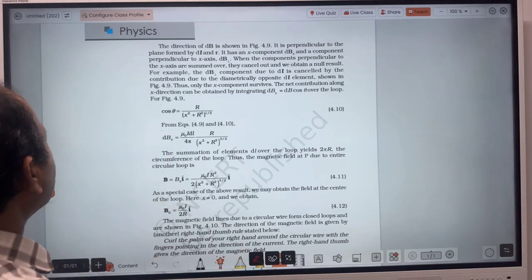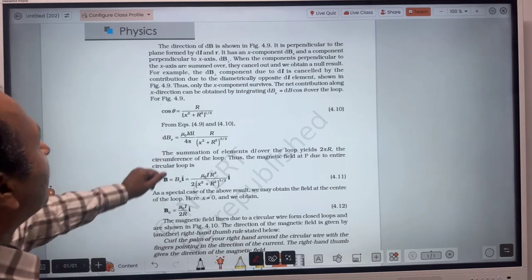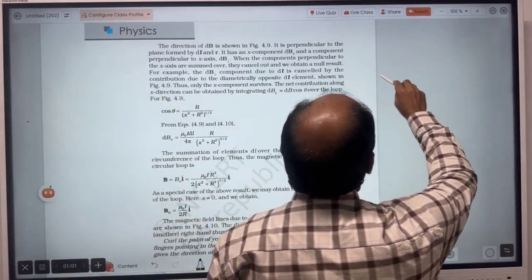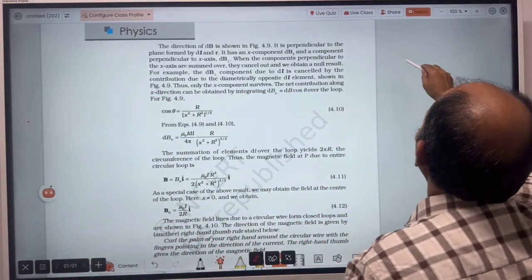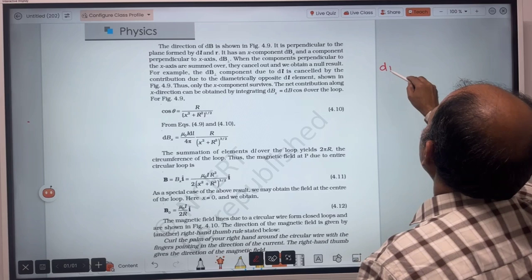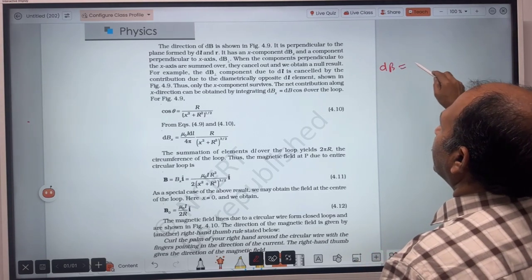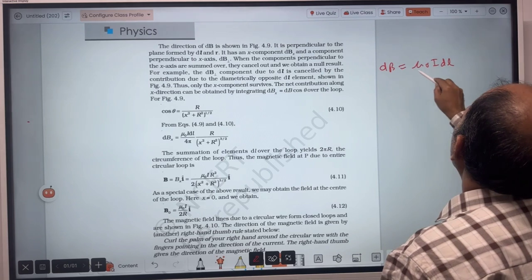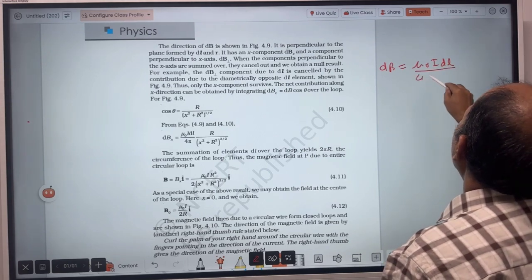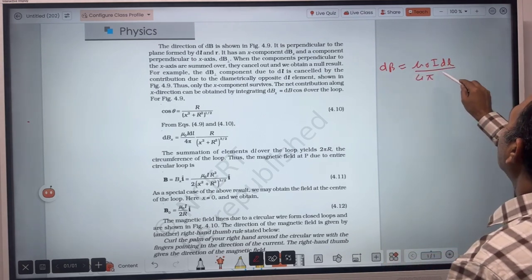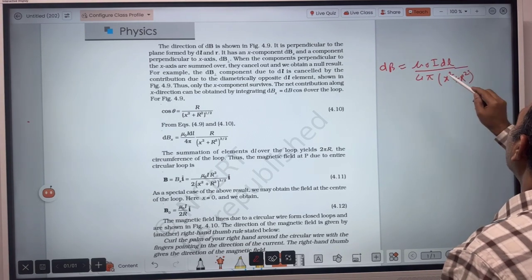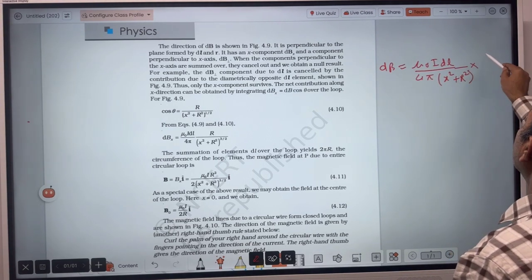So in that case, if we put the total value, let's write it here. dB will be mu naught I dl divided by 4 pi times r square. r square is x square plus capital R square, times cos theta.